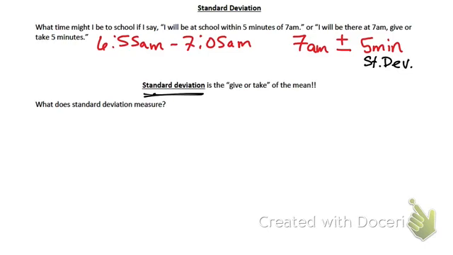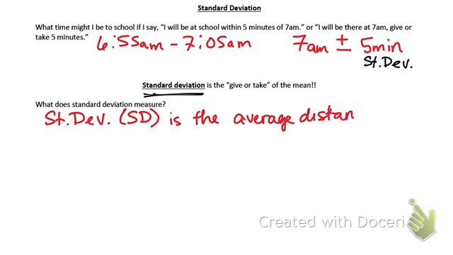So what does standard deviation measure? Standard deviation, you can abbreviate it like St Dev, or you can also use a capital S, capital D. Either way is very accepted.